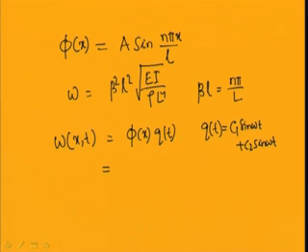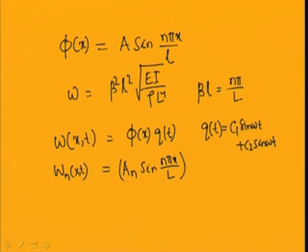So, for the nth mode you can write w n x t equal to a n sin n pi x by L into C1 sin omega t plus C2 sin omega t.